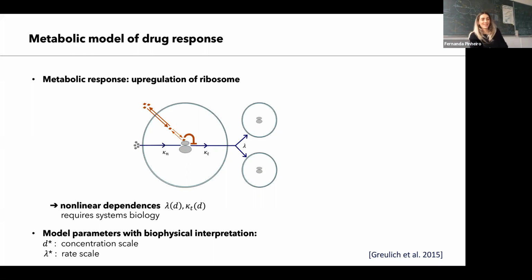The beauty of this model is that everything that I just said can be expressed in terms of two parameters. And these two parameters have a biophysical interpretation. They are a concentration scale and a rate scale, and they relate to transport coefficients and the kinetics of binding between drug and ribosomes.